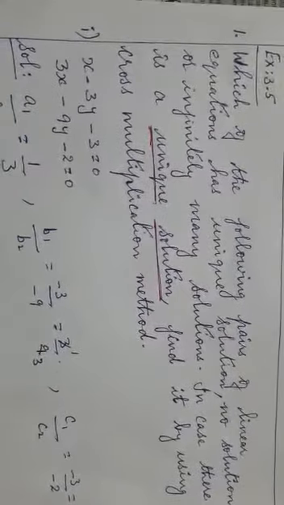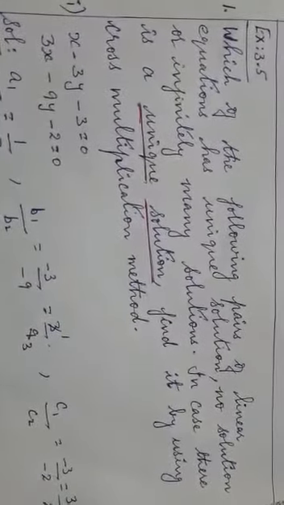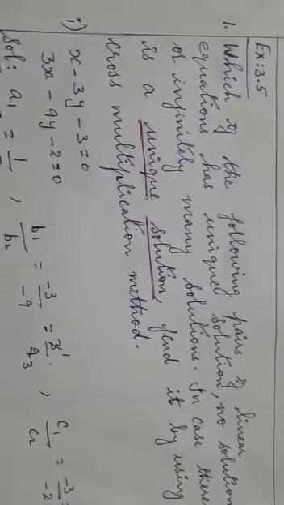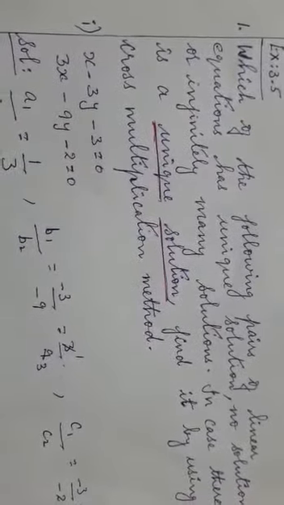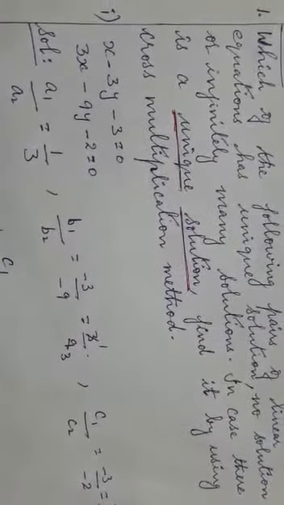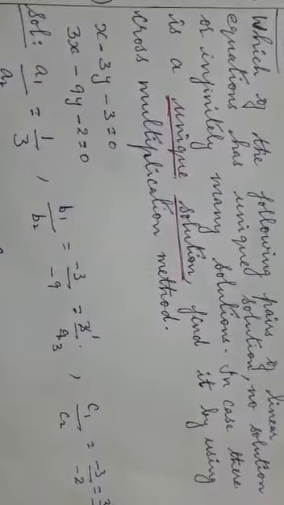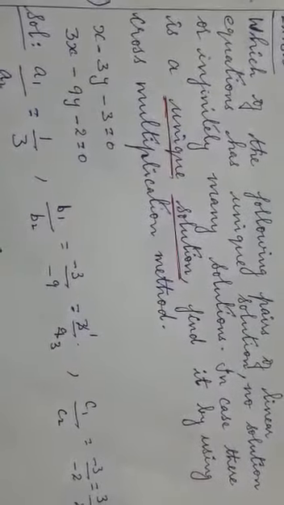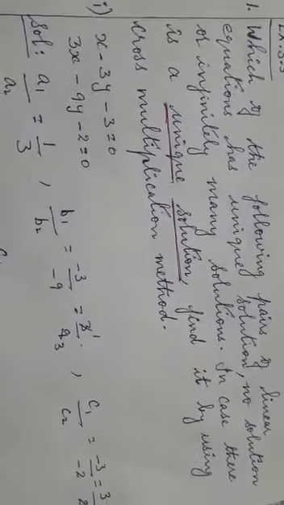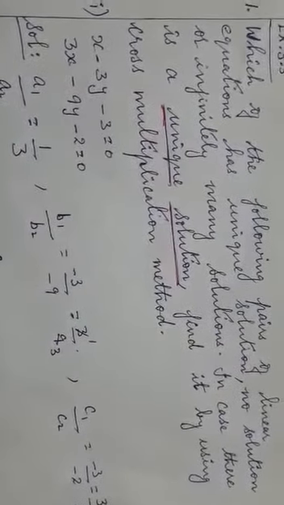First, we have to use the conditions for these three types of solutions and then find out whether it is unique, infinitely many solutions or no solution. So, first one is a1 by a2. Here, in the first equation x minus 3y minus 3, x has coefficient 1, so a1 is 1. In the second equation 3x, the coefficient of x is 3.